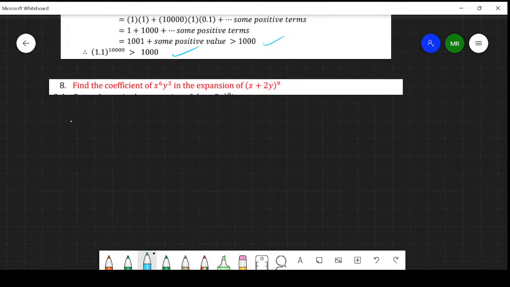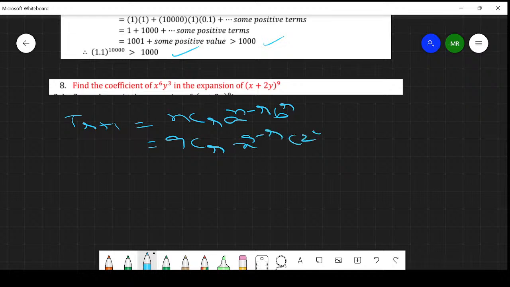Whenever they are asking for a coefficient or independent term, take the general term. T(r+1) equals nCr, a power n minus r, b power r. Always you take this. So here n is 9: 9Cr, a means x power 9 minus r, b means (2y) whole power r.